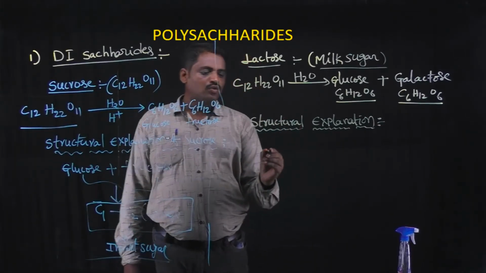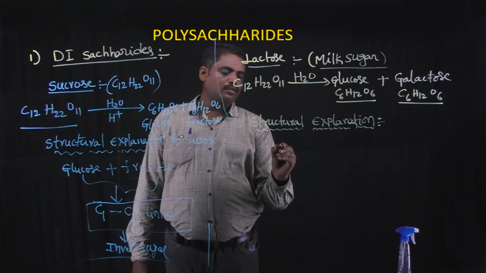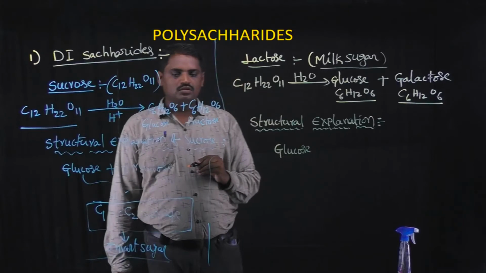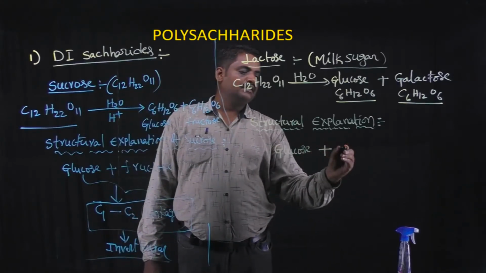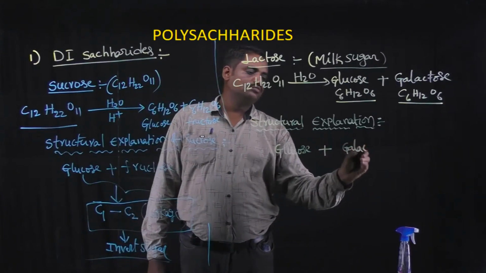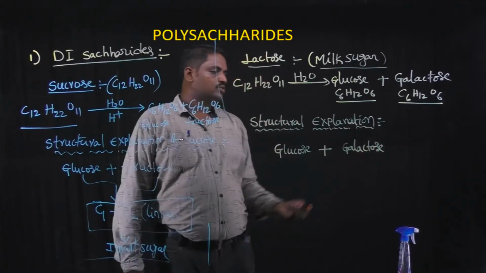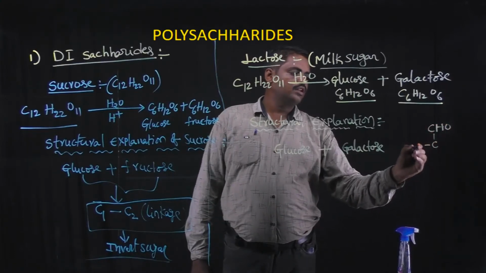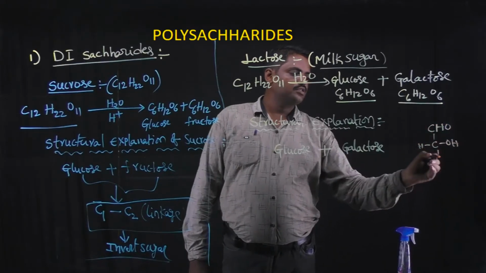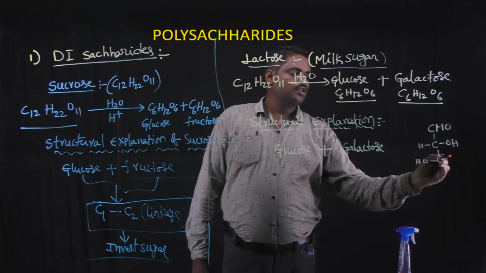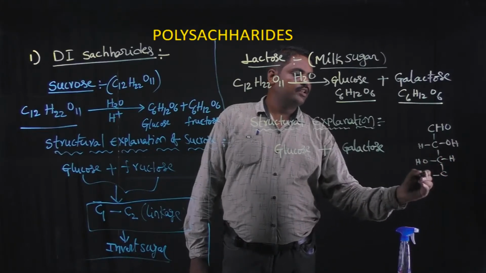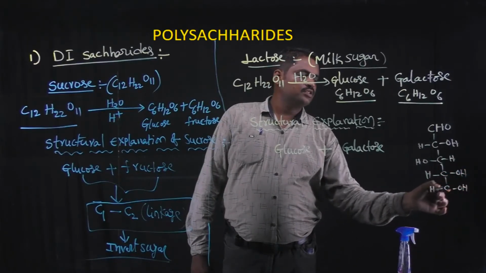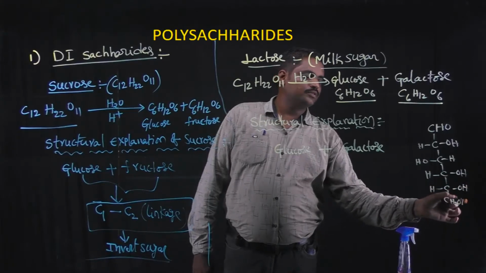Generally, glucose and galactose. The structure of glucose is CHO, CHOH, COH, HCHOH, CHOH, CH2OH.